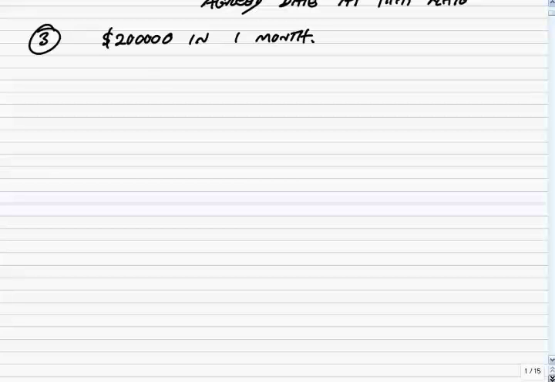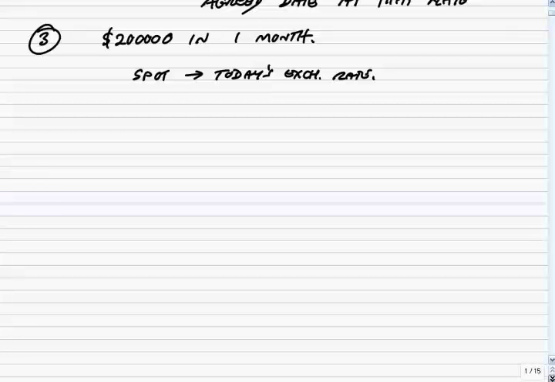Now it tells us what the spot rate is. Well, the spot rate is today's exchange rate. So that, of course, isn't particularly relevant because we're not going to convert the money today. We are going to convert in a month, and in a month's time, that exchange rate could have changed to anything.